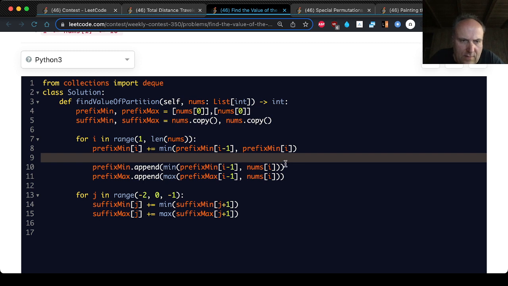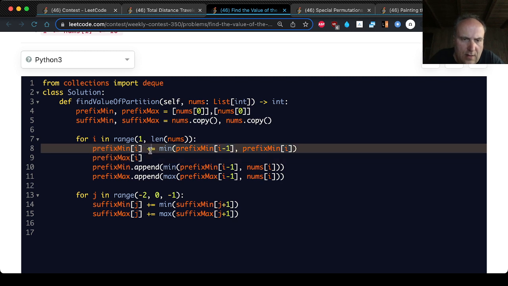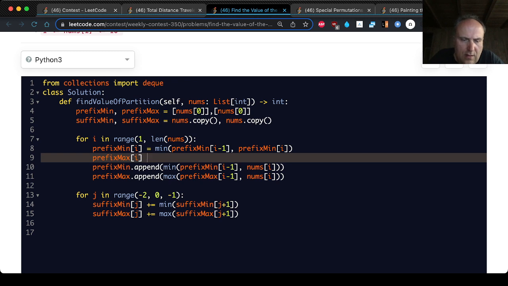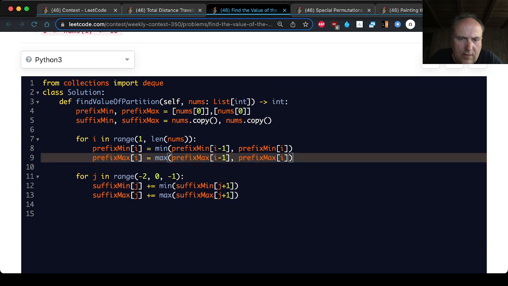And then it's going to be prefix max I, prefix max I minus 1, prefix max I. Okay, so this one is fixed.